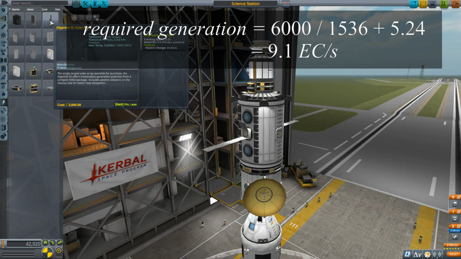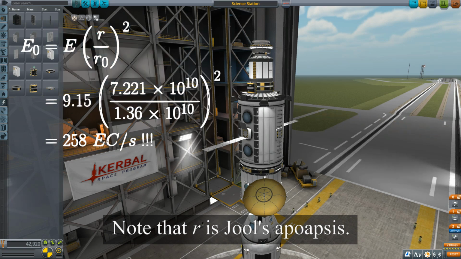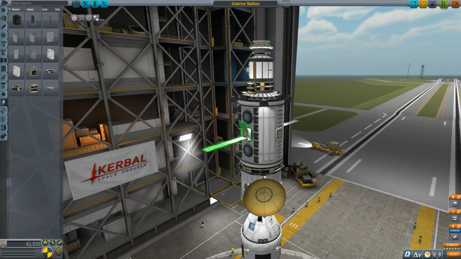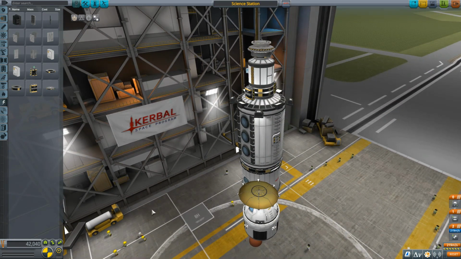And in fact, if we do the work this time, we end up that we need the Kerbol equivalent of 258 electric charge per second. So we're looking at about 10 Gigantors in order to get the job done. That's getting a little bit ridiculous, right? I mean, that's just way too many. So solar generation feels like, oh, that's just not going to work.